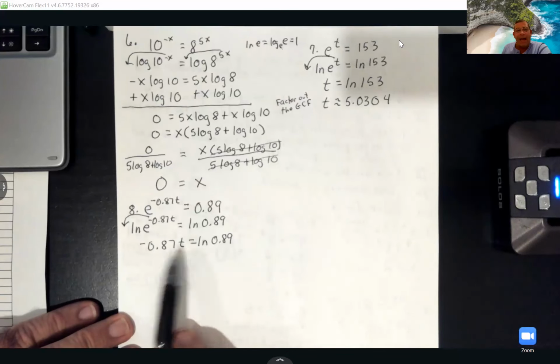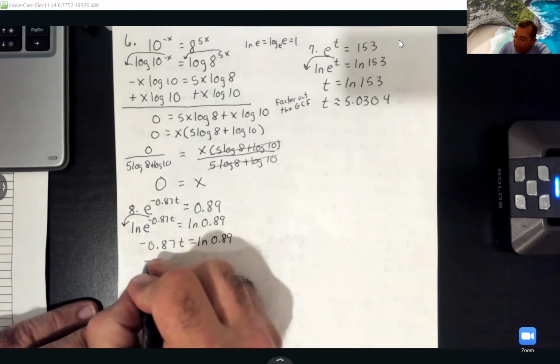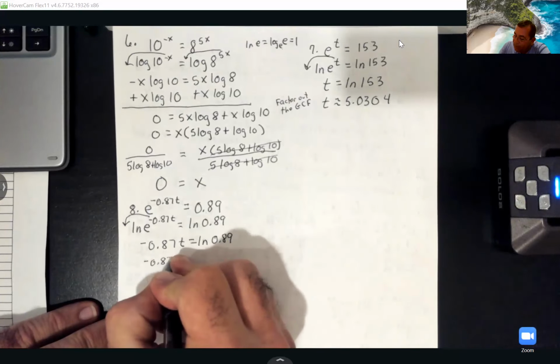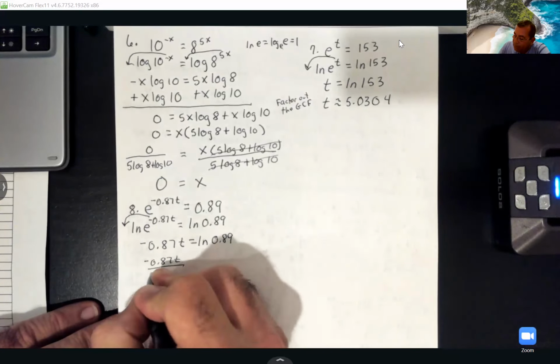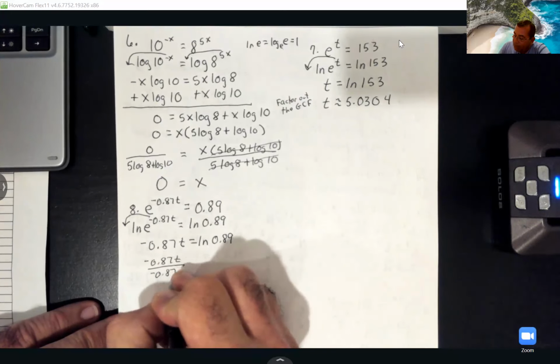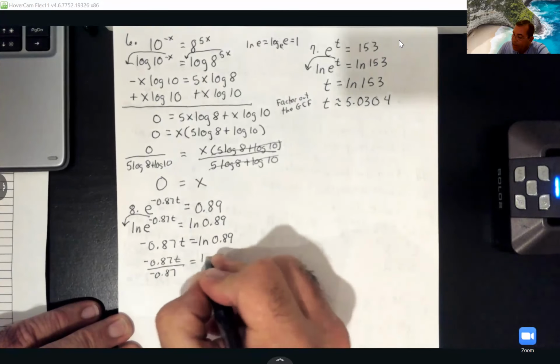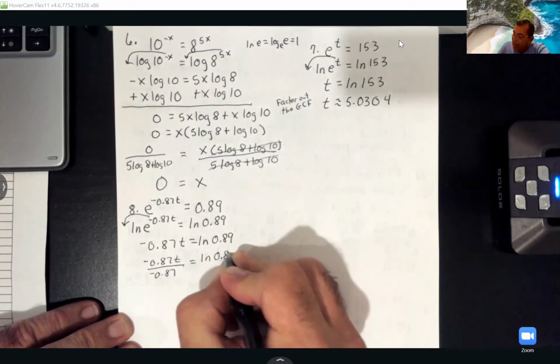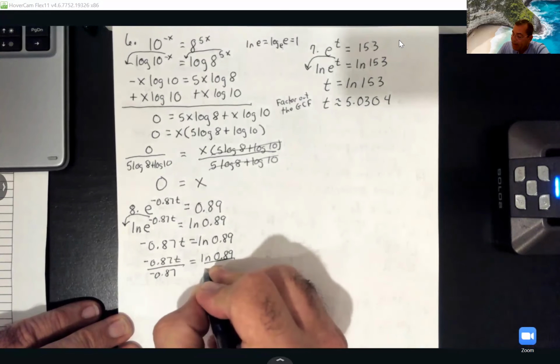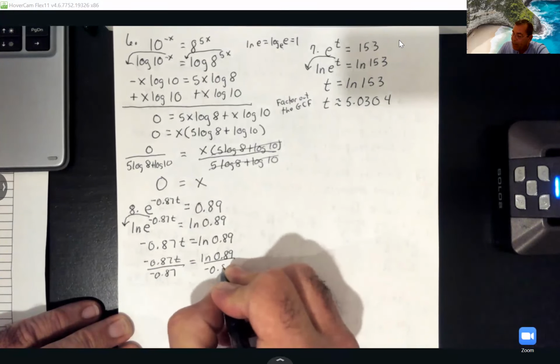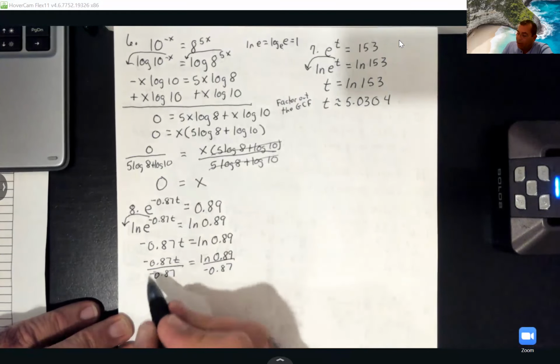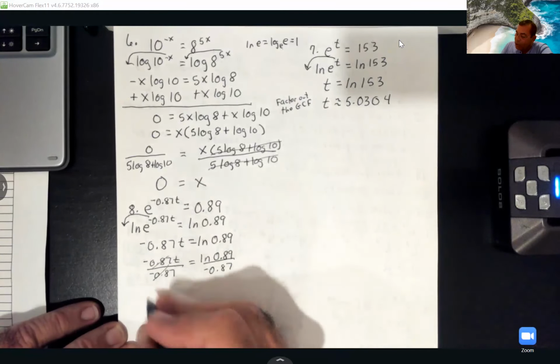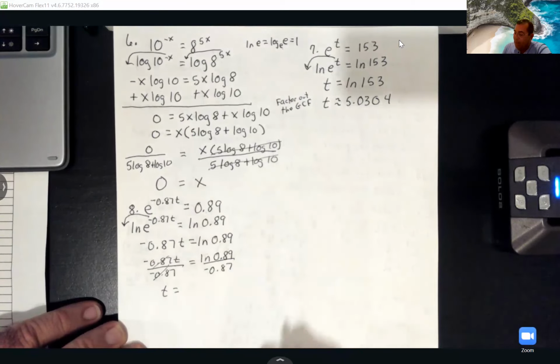So we need to divide both sides by that negative 0.87. And that'll equal the ln of our 0.89 divided by negative 0.87. So y'all look, this cancels, giving me a 1t over here.